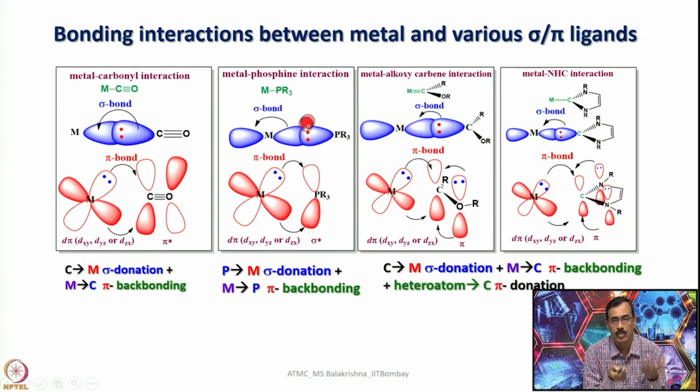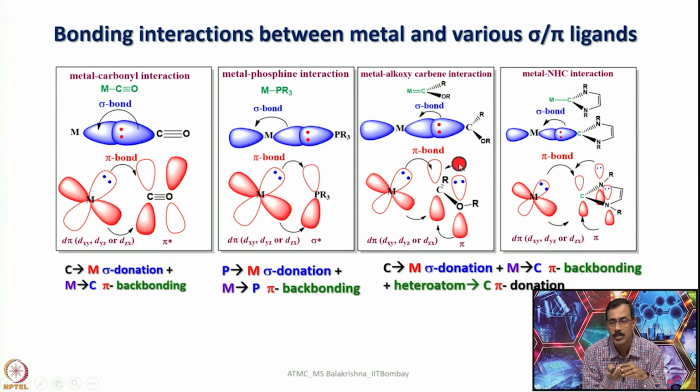When we come to Fischer carbene and N-heterocyclic carbene, no doubt they are also good sigma donors and pi acceptors, but as I already mentioned in one of my previous lectures, they also have some lone pairs available for back donation to the pi star of carbon. In the carbene or in the N-heterocyclic carbene, we have a nitrogen lone pair, here an oxygen lone pair.